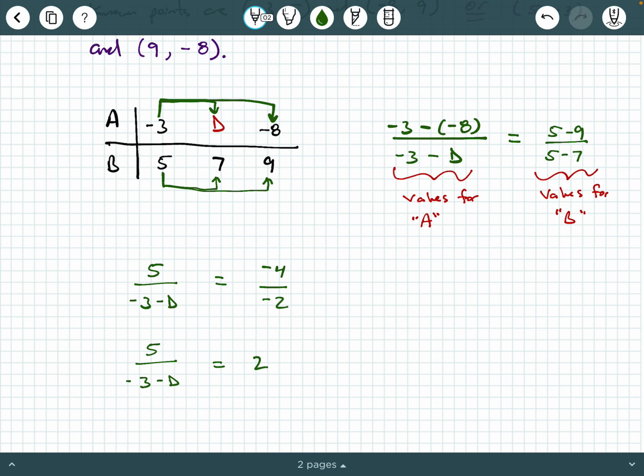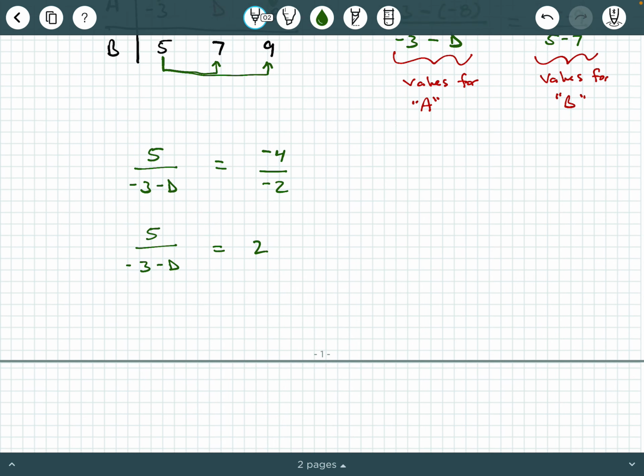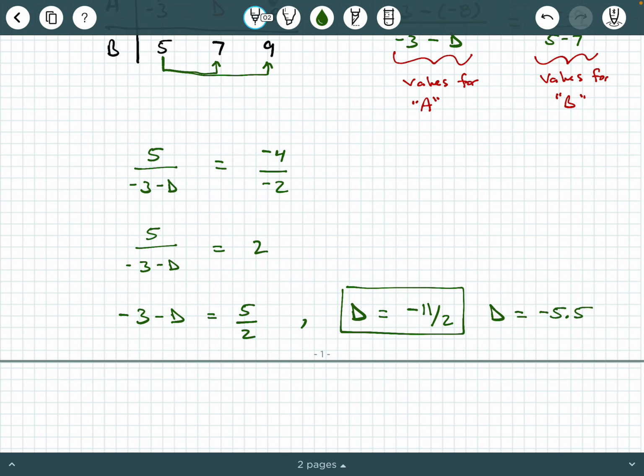And then we can do some cross multiplication, and we can see that we end up with -3 minus D equals 5 halves. And then we can, again, do a little bit of rearranging and solve for D. D equals -11 over 2. And that's our answer. Now, in decimal form, we would say D equals -5.5, okay?